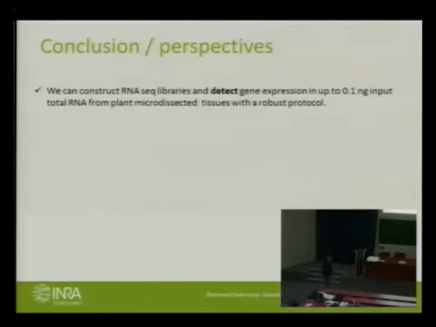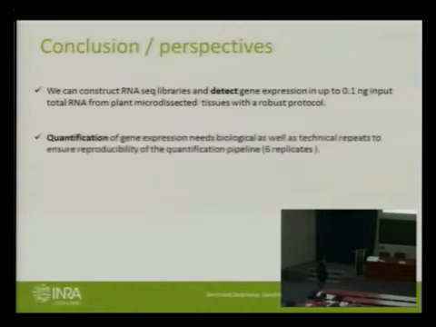You can claim whether my gene is found in my epidermis or not, with relatively good precision and without too many errors. But if your question is really to quantify the relative expression of two genes in your sample, you need to be careful. And we think we need some more replicates to ensure the reproducibility of the quantification pipelines.